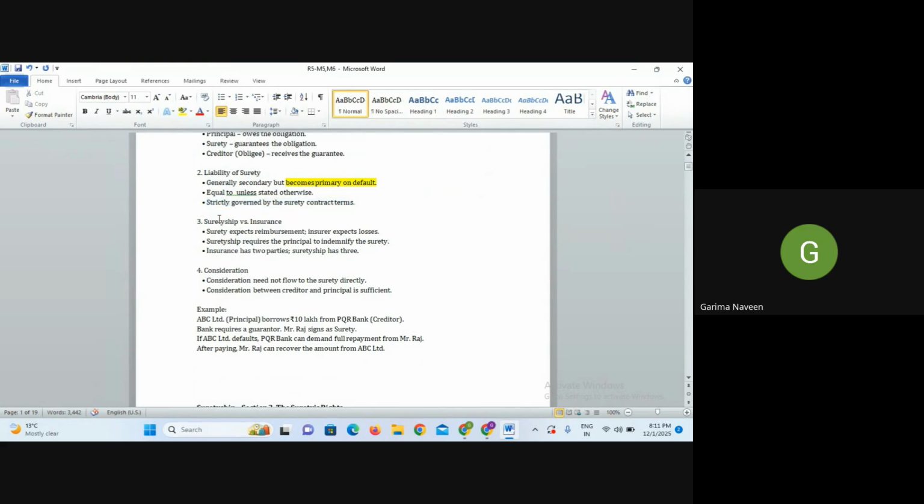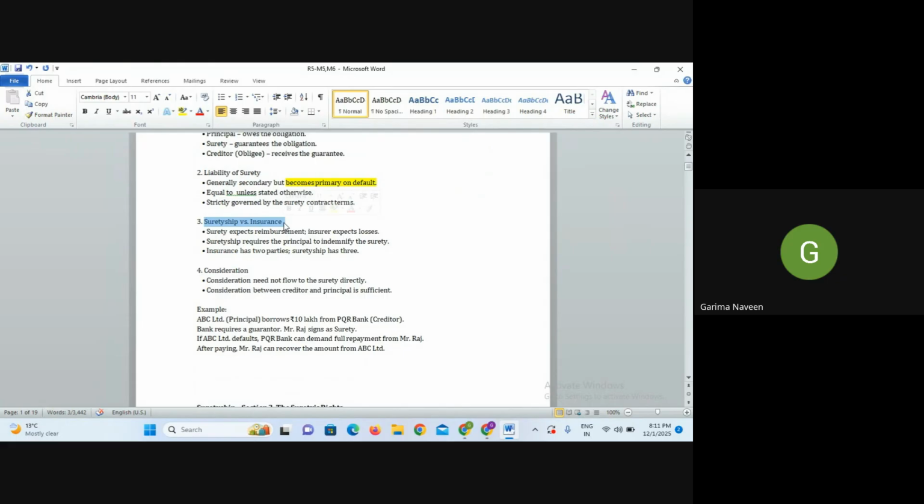So if we compare suretyship with insurance, suretyship involves a three party relationship, whereas insurance involves two parties. The surety expects reimbursement, meaning if he is paying on behalf of the principal, then he can expect reimbursement from the principal. But in the case of insurance, the insurer expects losses.